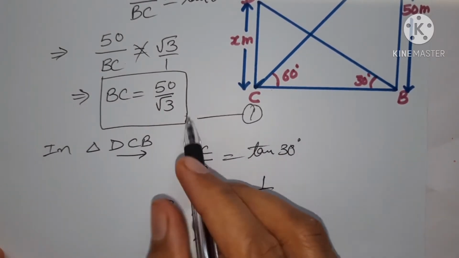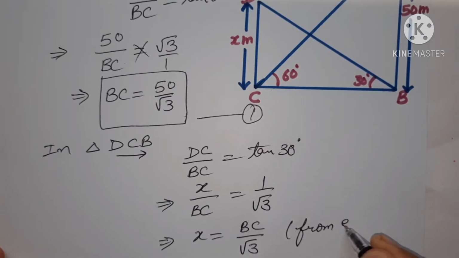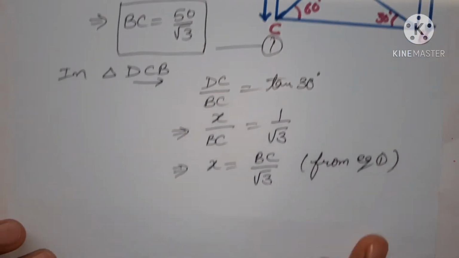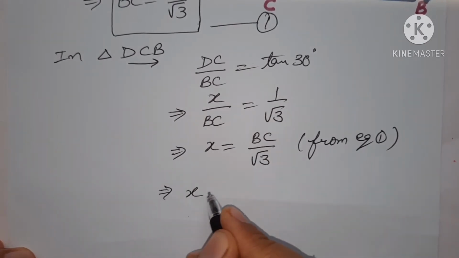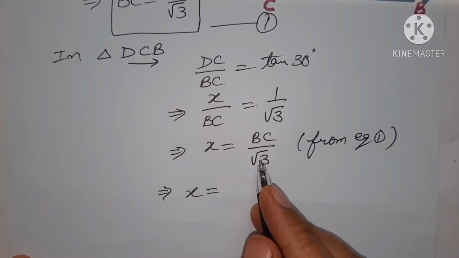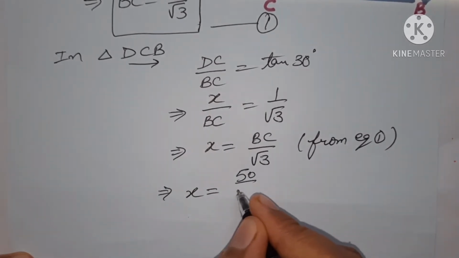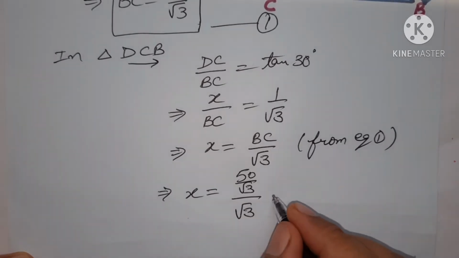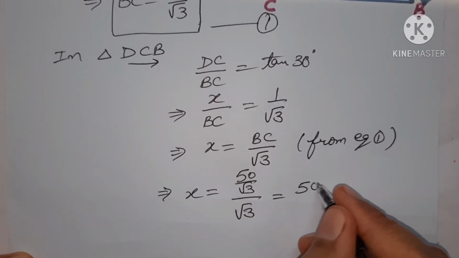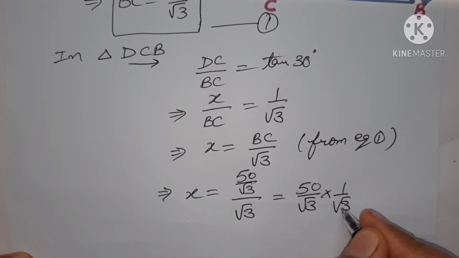BC we know from equation 1. We will put the value of BC here. So X is equal to 50 upon √3, and in the denominator √3 is there. So finally we got 50 upon √3 into 1 upon √3.